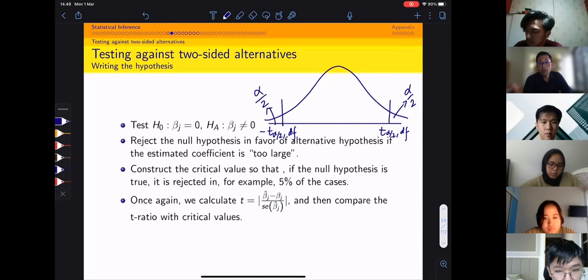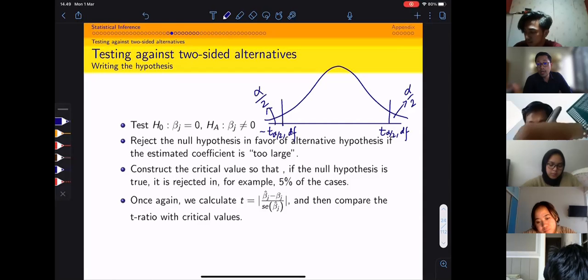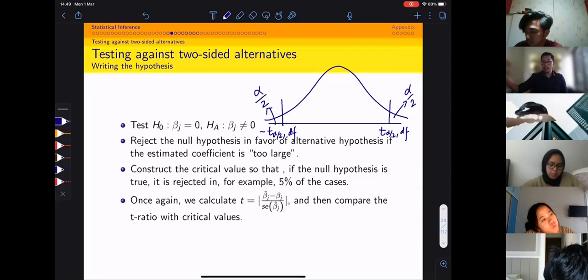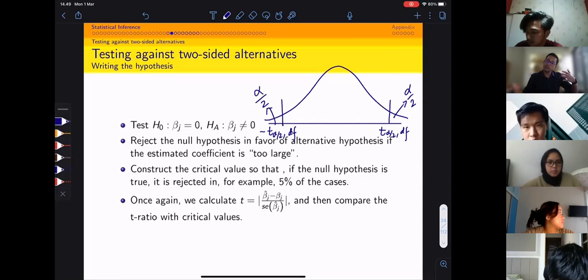Now we're going to reject the null hypothesis if the t statistic is too large. Too large means that it's higher than the critical value on the right, or it's lower than the critical value on the left. So too large in terms of the absolute value.